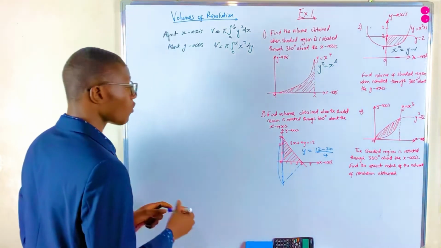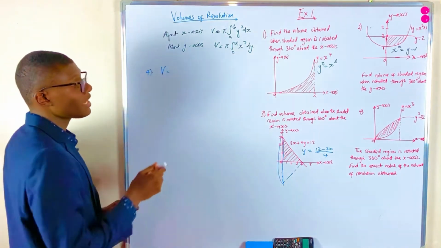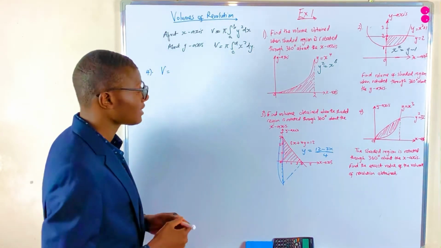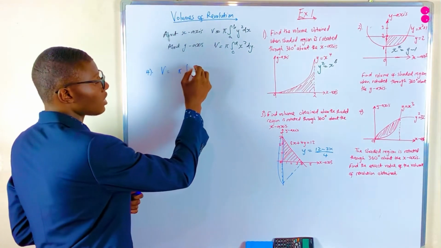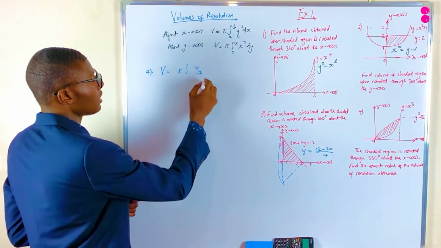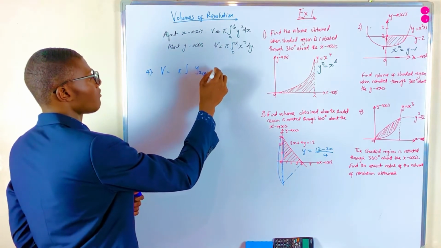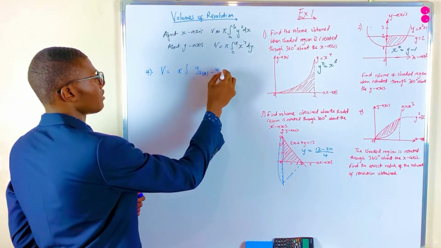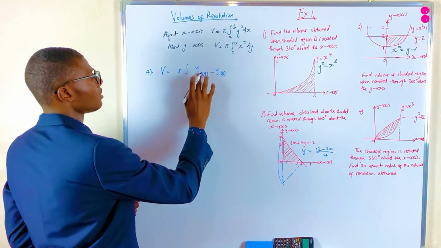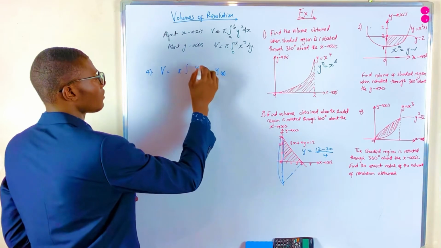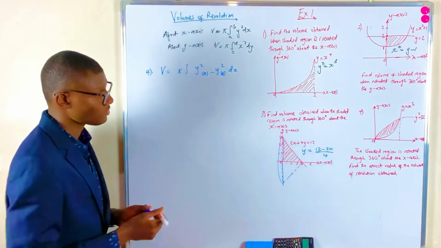So for number 4, what are we saying? V, about the x-axis, is equal to pi integral of y squared a minus y squared b, with respect to x.